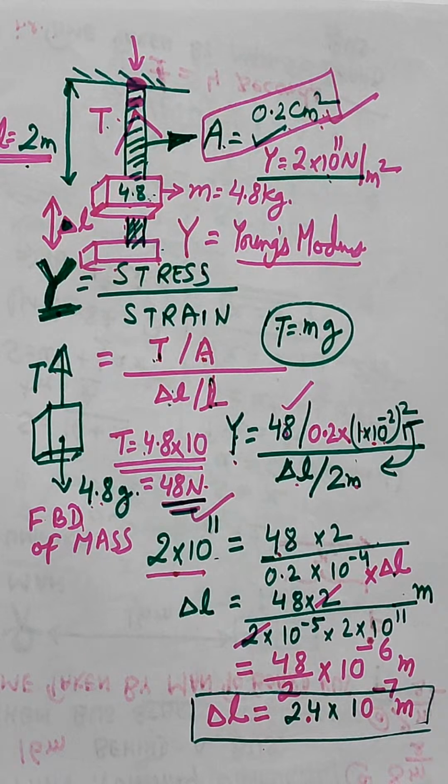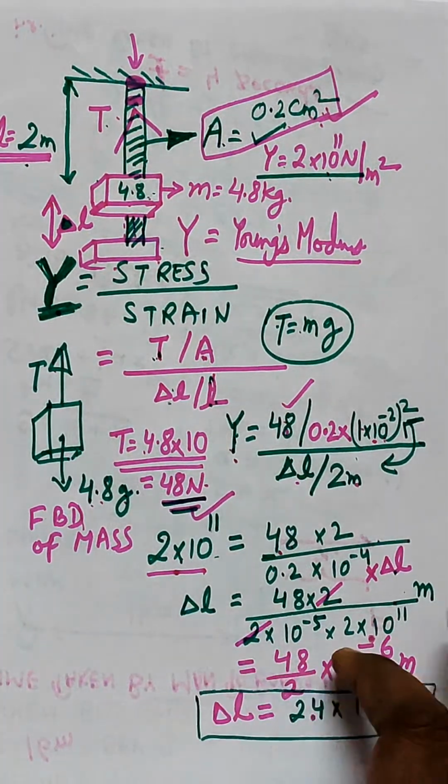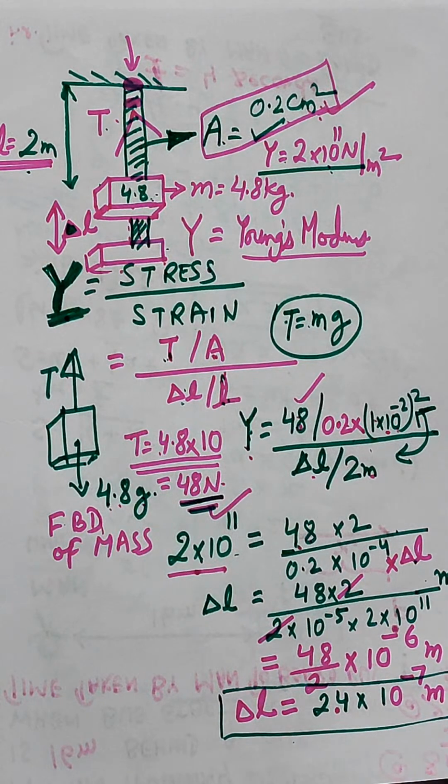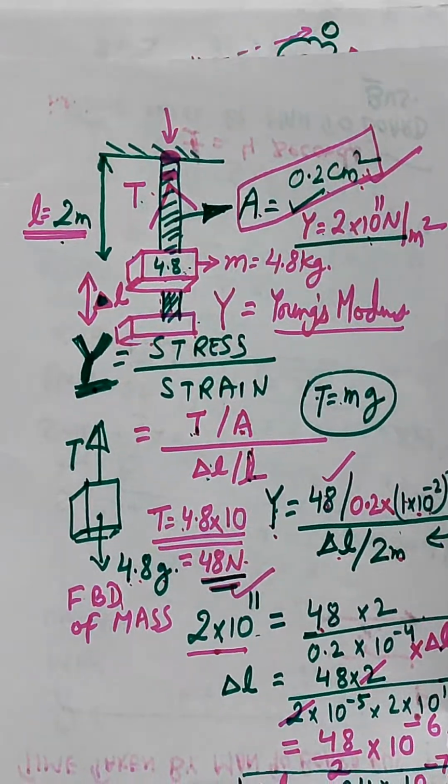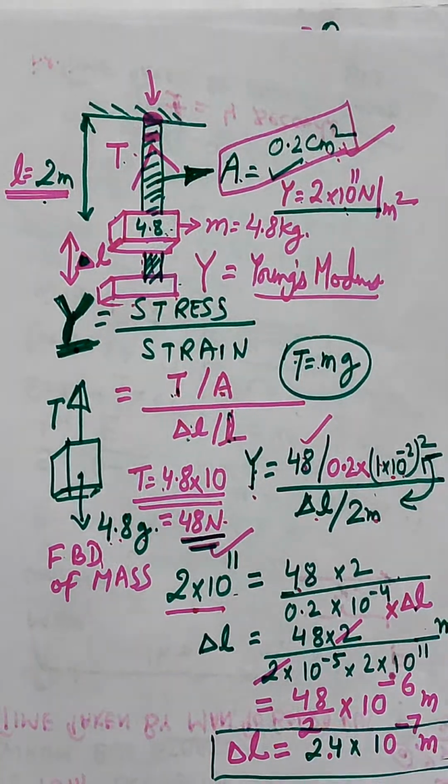Now do one thing. I am coming to a separate question, a separate set. I've explained the cloud question. One more question is there, that is from mensuration. So I'm just changing the sheet over here.